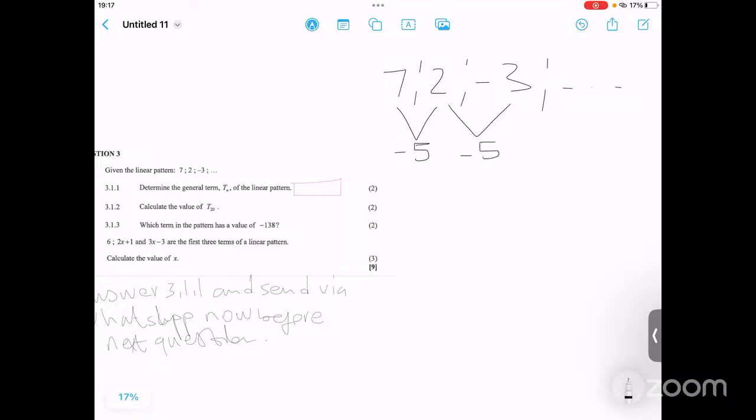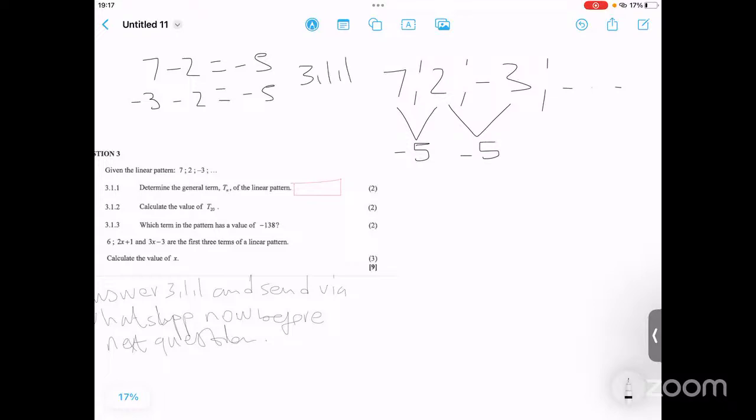Punch it on a calculator, honorable member: 7 minus 2 gives you -5. Take that -3 minus 2, it will definitely give you -5. That's where the -5 is coming from. So that is your starting point, honorable members. And from there, remember, this is 3.1.1.